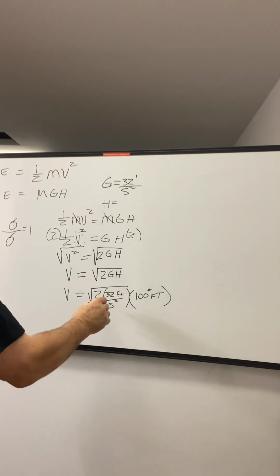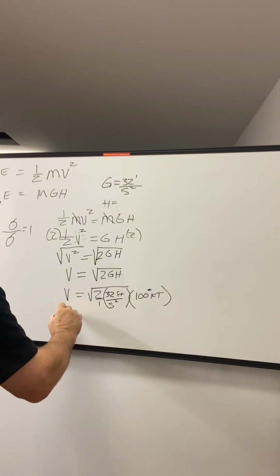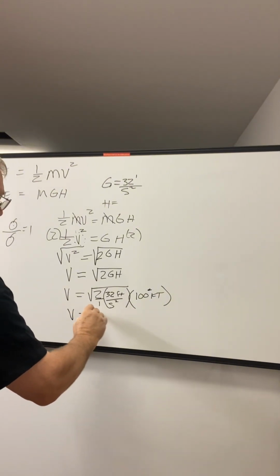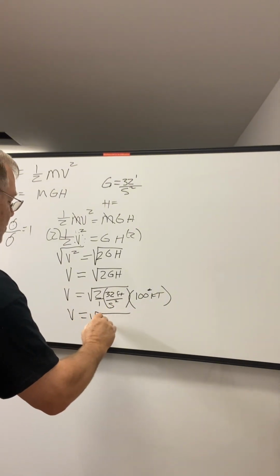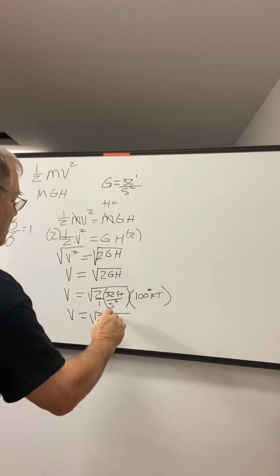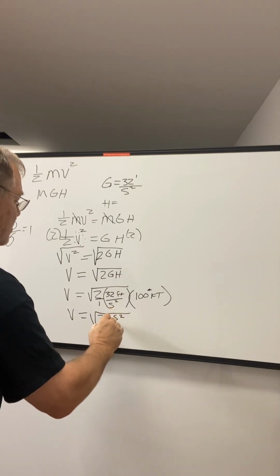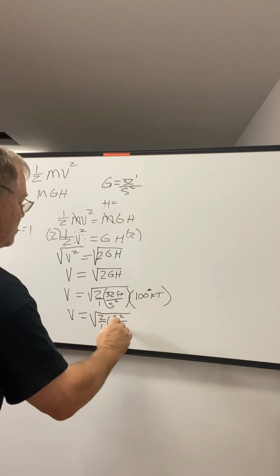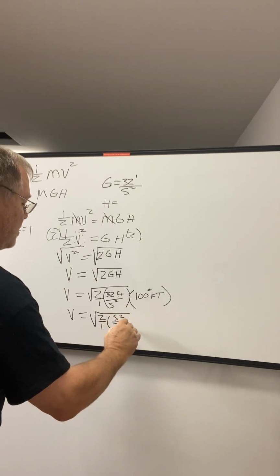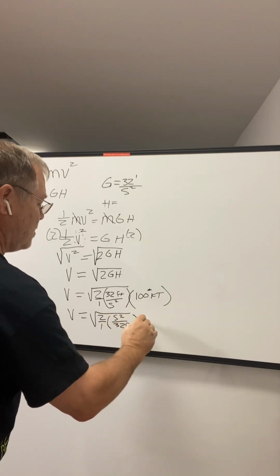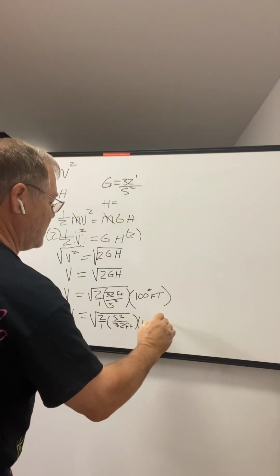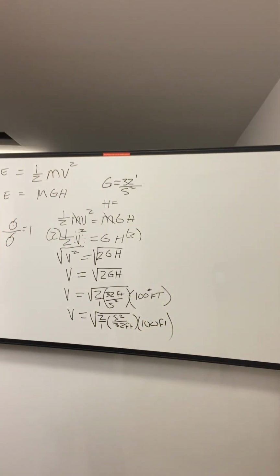So now we can also flip this one on top of another, so we can say the square root of 2 over 1 times second squared over 32 feet times 100 feet.